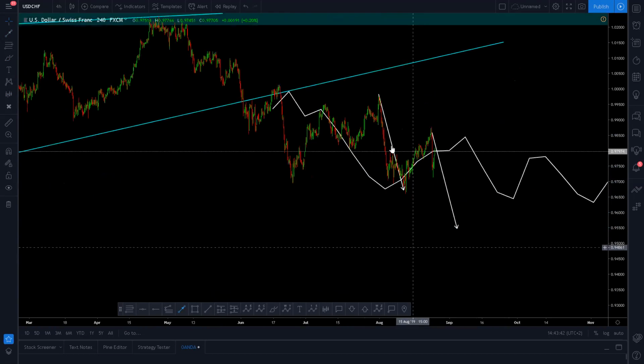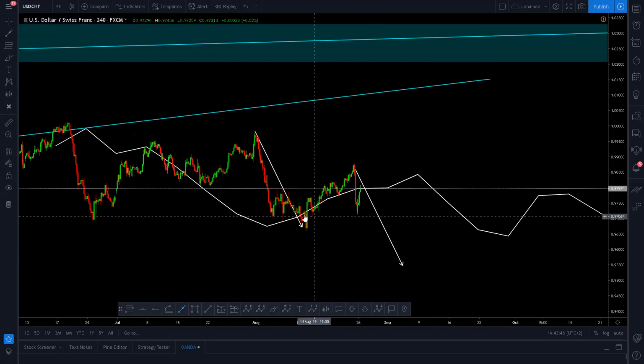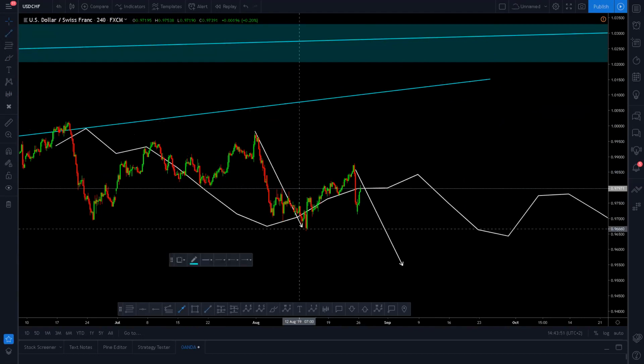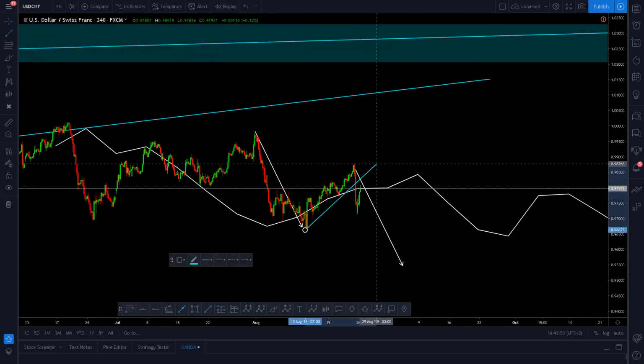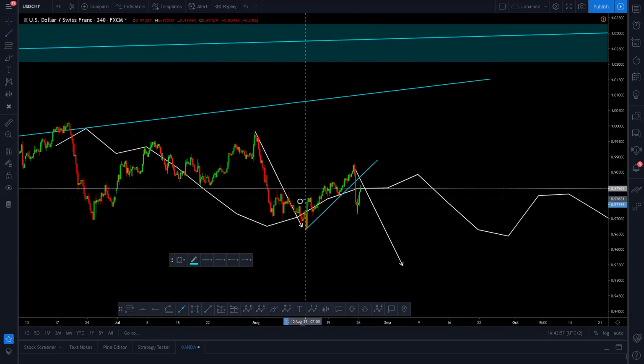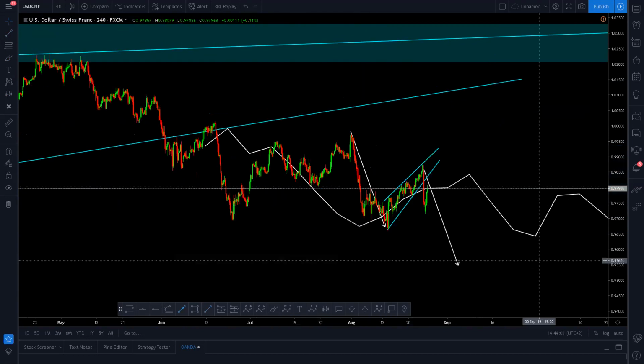At the moment we are in a corrective move for this impulse, so we can just draw our entry trend lines like this. You see we have already broken out and we are in a retest.